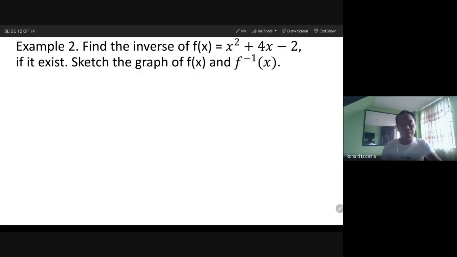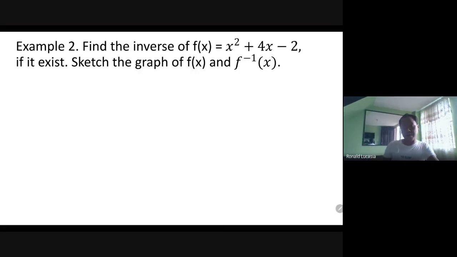Okay, just like this one. Find the inverse of x squared plus 4x minus 2 if it exists. If you are familiar with that graph, basically it's a quadratic. And you know that a quadratic function will not satisfy the horizontal line test. The graph of the quadratic function is a parabola.